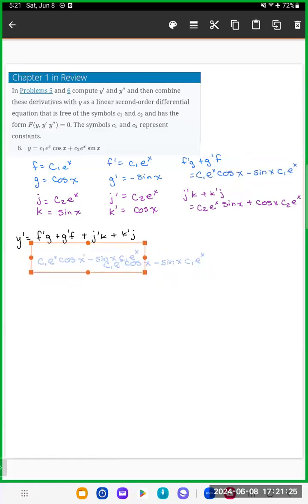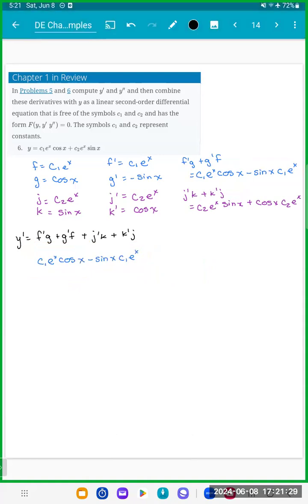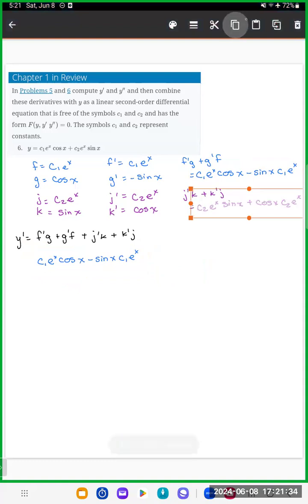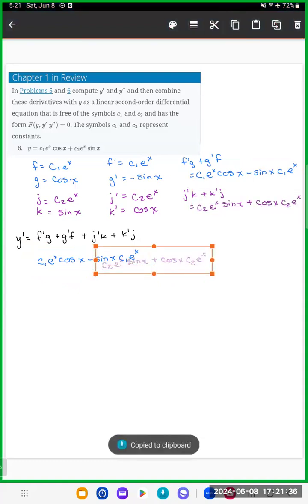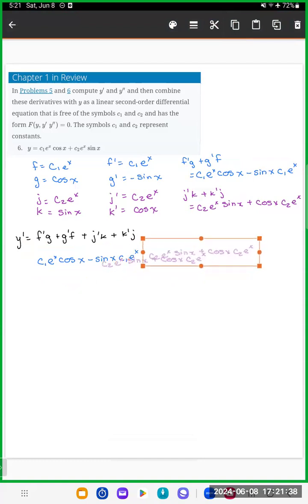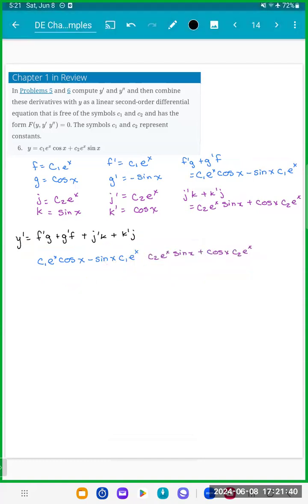That is my f prime g plus g prime f. Do the same for our j k prime k plus k prime j. So we add those two together.